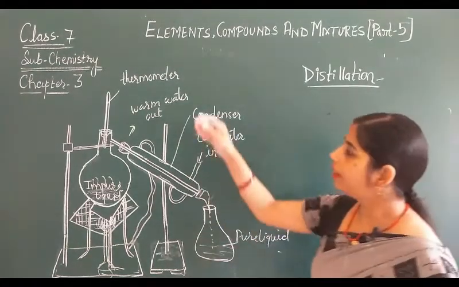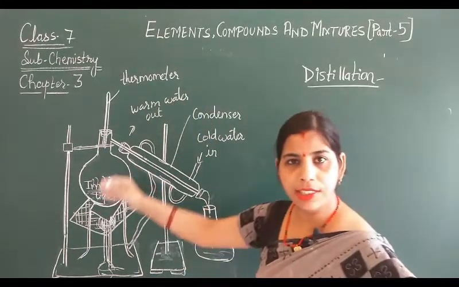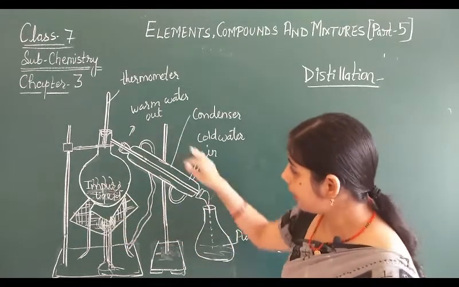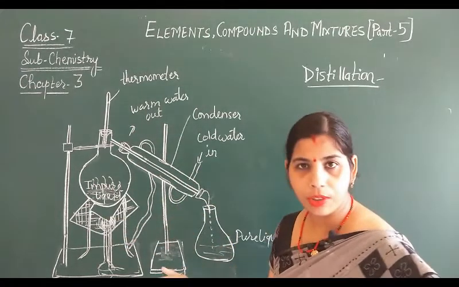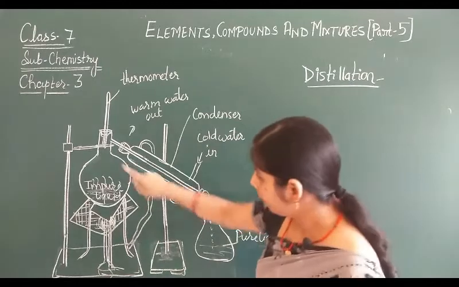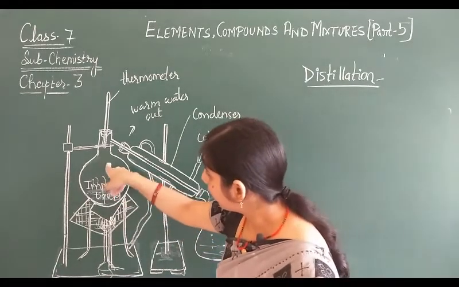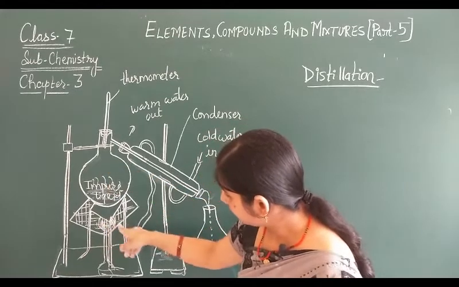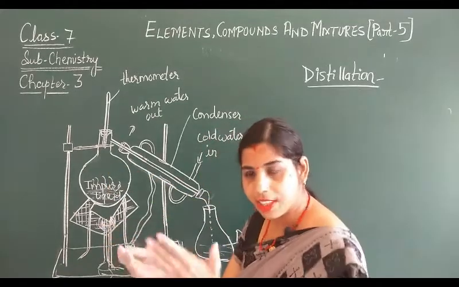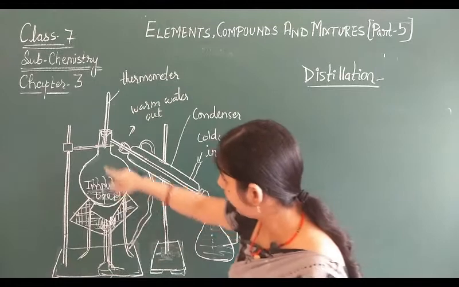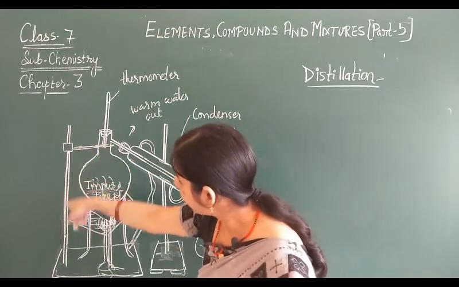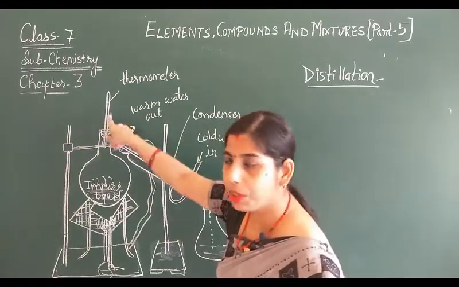So this is the laboratory setup for the distillation process. This type of setup is required. Look here, this flask is known as the round bottom flask. It is just placed on the tripod stand, a stand on which we place it, and it is tied with a holder. The thermometer is put here.